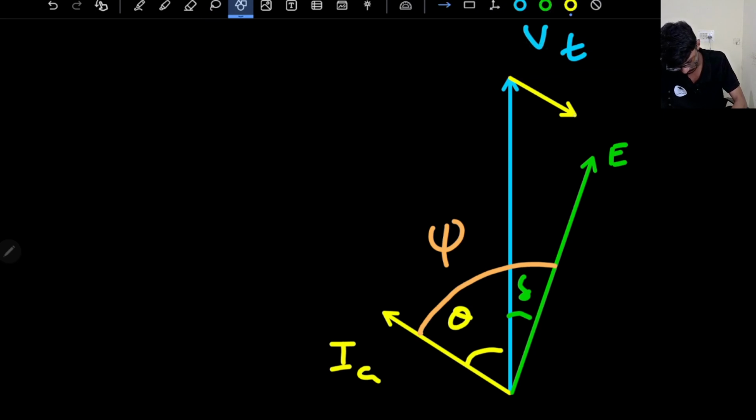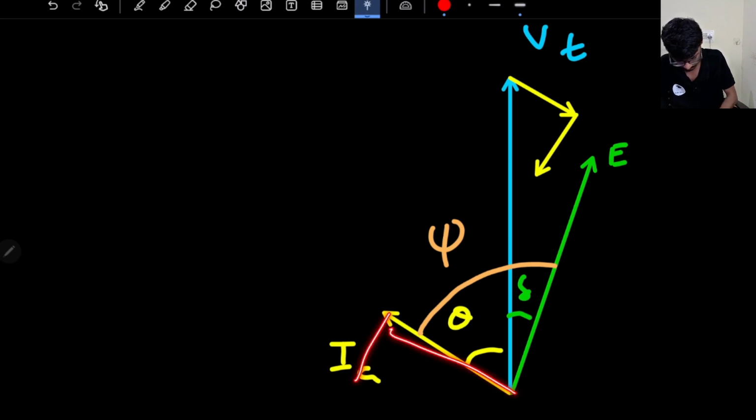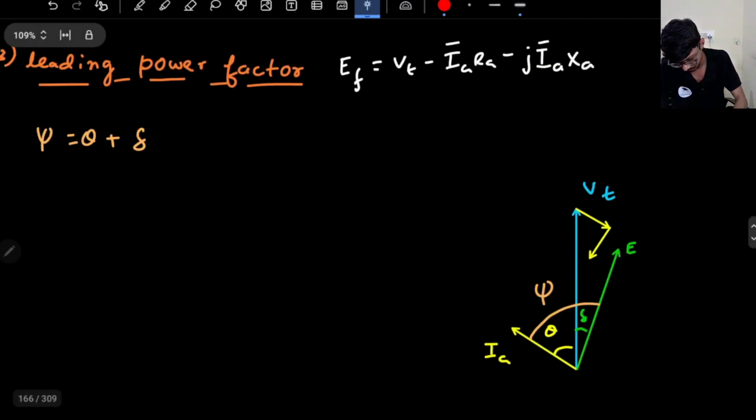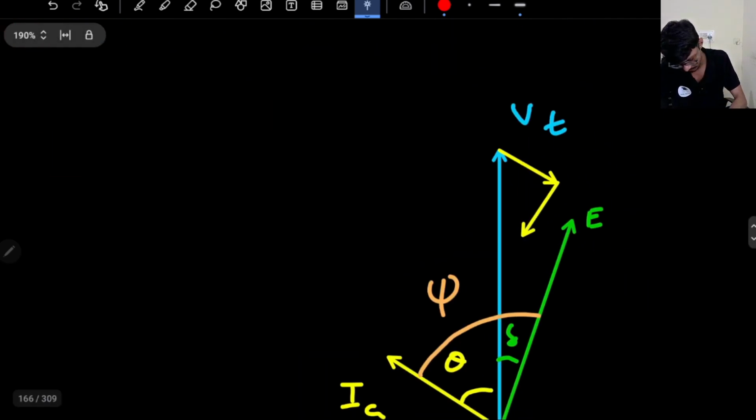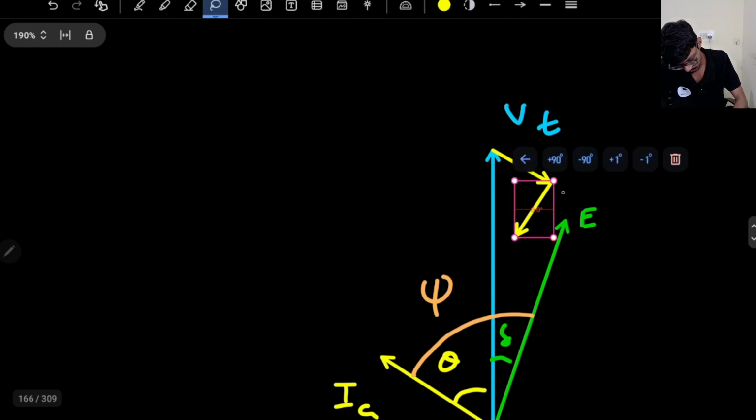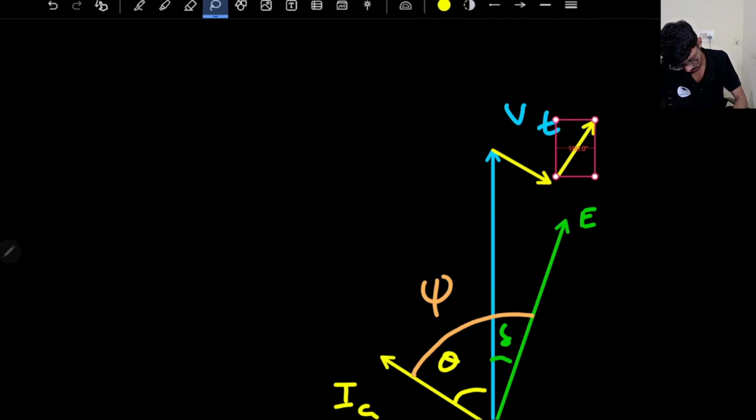So basically plus j will be in the anti-clockwise direction, minus j will be in the clockwise direction, here actually.